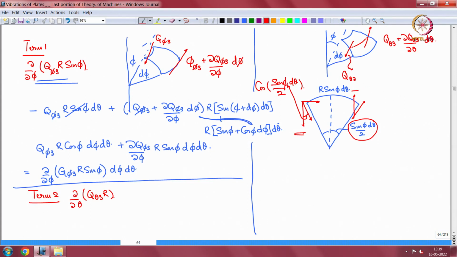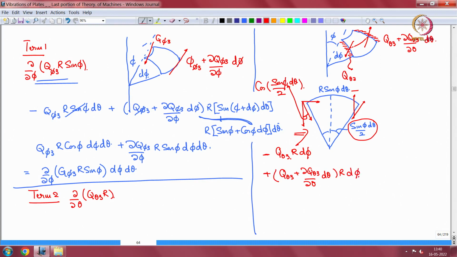So if this is q theta 3, then I multiply by this distance to make it a full force, r d phi. It will come with a minus. Then this side also I need to multiply by r d phi. It comes with a plus: q theta 3 plus del q theta 3 by del theta d theta into r d phi.